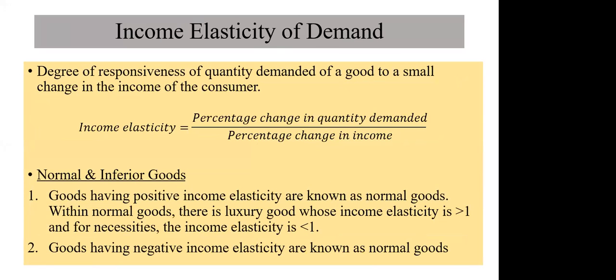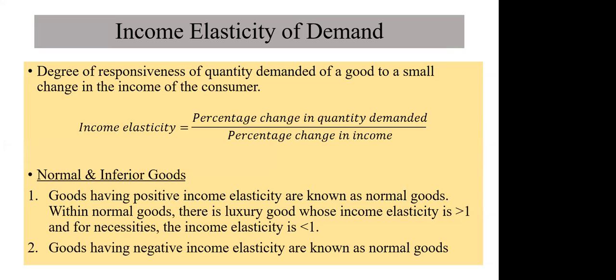And the last one is income elasticity. This is when there is a change in the income of the consumer, which we have always taken as a constant, other things being constant, ceteris paribus. Among the components, the income of the consumer and the price of other related goods, the price of other related goods comes in cross elasticity and the income of the consumer comes in income elasticity.